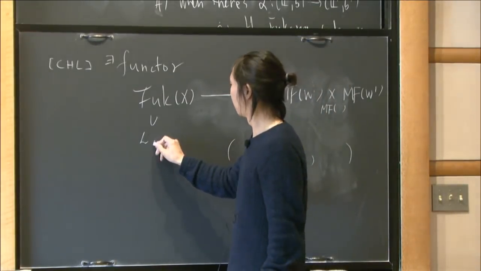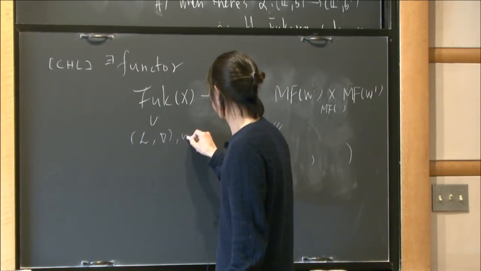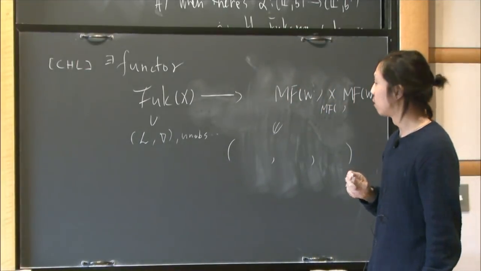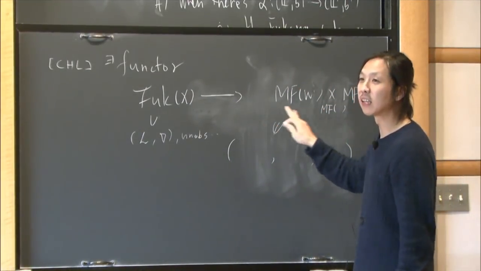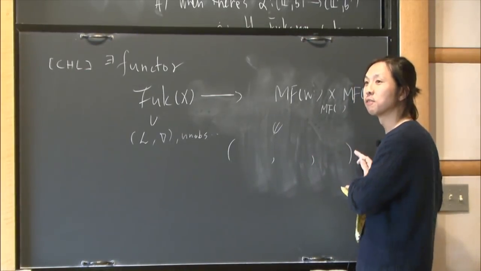Do they have to be unobstructed? Yeah, unobstructed, of course. So this is sort of Yoneda embedding. As long as the Floer complex makes sense, you can always do this procedure.